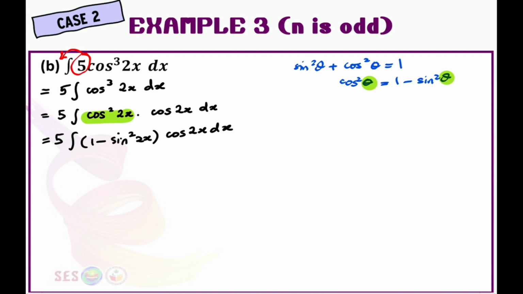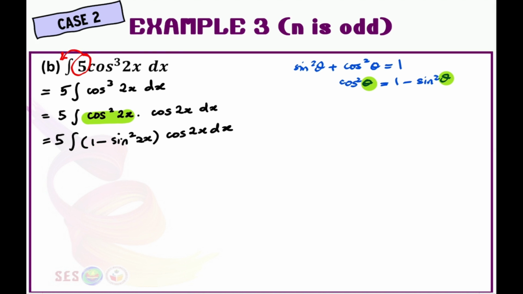Alright, next, final step, solve using substitution method. I'm going to let u as sine 2x. Choose the highest power, but don't take the power. Differentiate du dx, will get 2 cos 2x.